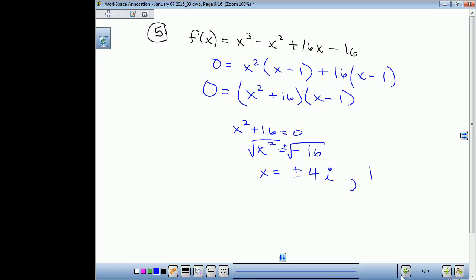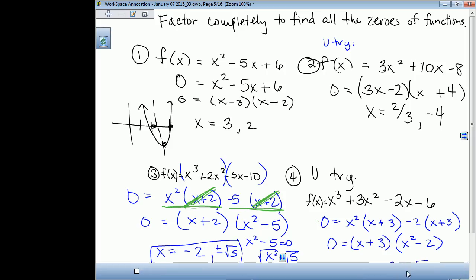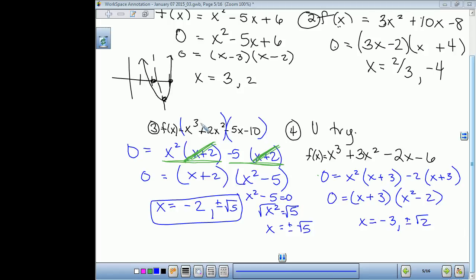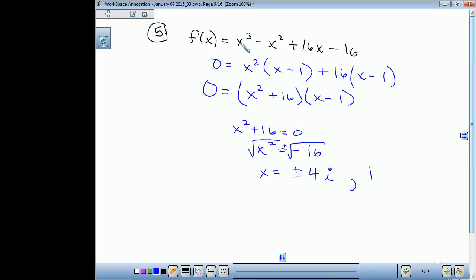And so what I want you to start thinking about is, okay, this was a quadratic, think about the zeros. This was a quadratic, think about the zeros. This was a cubic, think about the zeros. This is also a cubic.